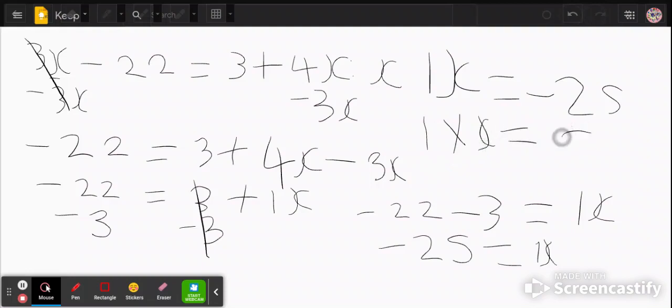So 1 times x is x, right? That's why, for example, when you have 2 times 1, we say 2. 3 times 1, 3. Any number you multiply by 1, you get it by itself. But if you say 1x, it's still not wrong.